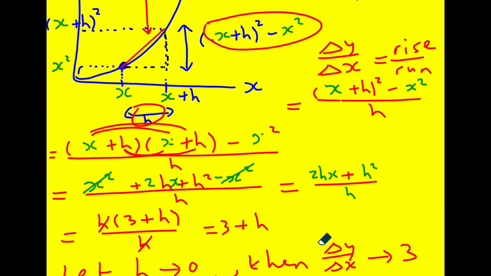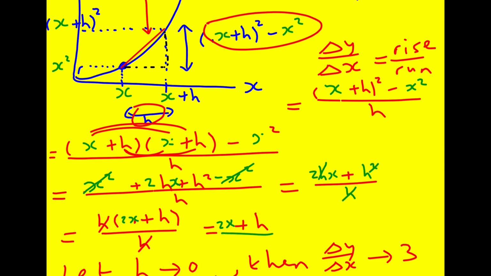And this time, if I factorize out an h, then I'm going to have 2x here. And that's going to leave me 2x plus h. Or you could imagine cancelling it out from here.